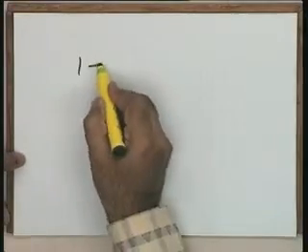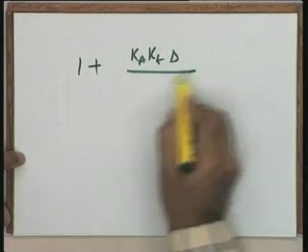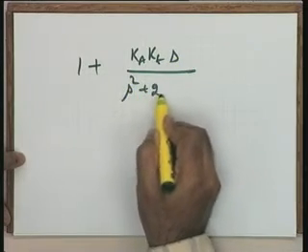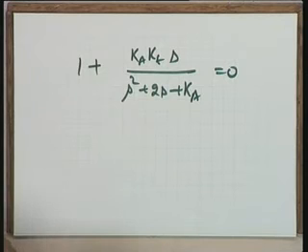If you have two parameters ka and kt, 1 plus ka kt s divided by s squared plus 2s plus ka equal to 0. If you have those two parameters ka and kt, the procedure now is the following.